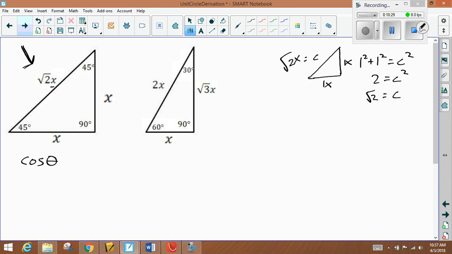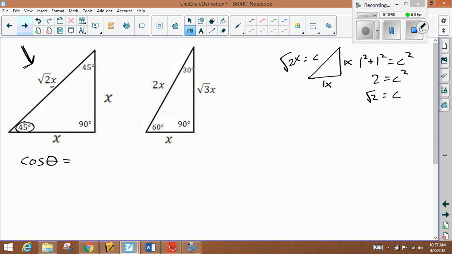Our x coordinate is going to be cosine of theta. In this case, theta is 45. So cosine is, sorry, adjacent over hypotenuse, right? So this is our adjacent.